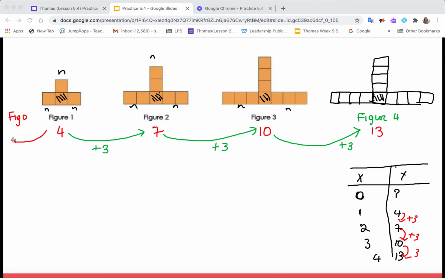Instead of adding 3, we can subtract 3. So if we take 3 from 4, we notice it leaves us with 1. So we are subtracting 3, which means we're going to have 1 here.